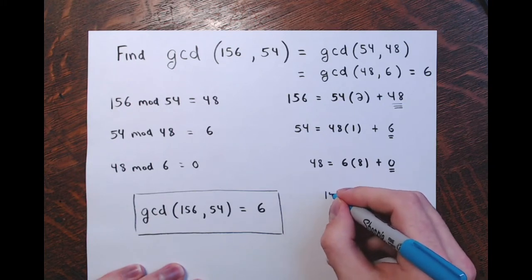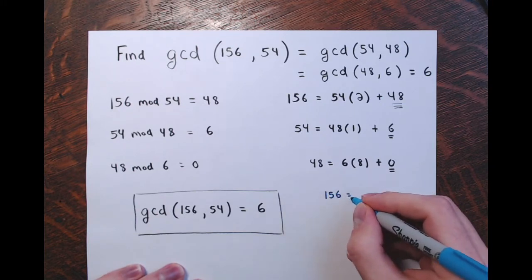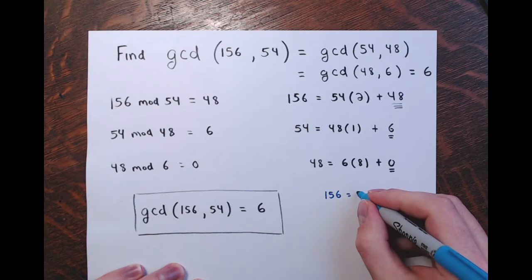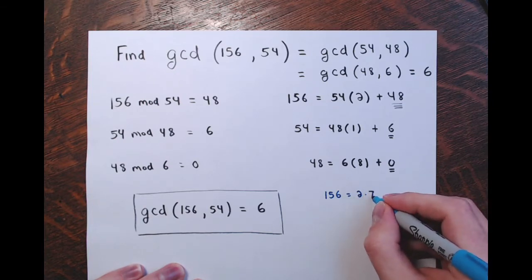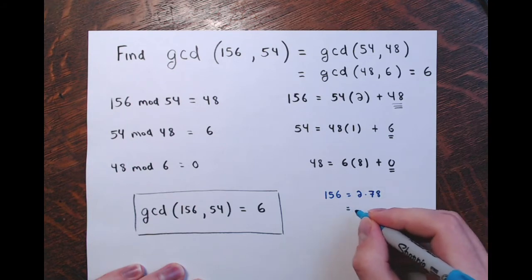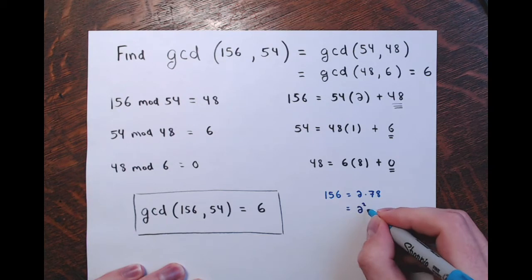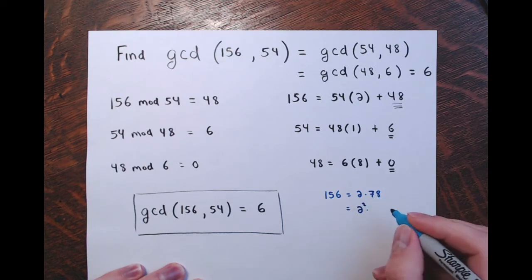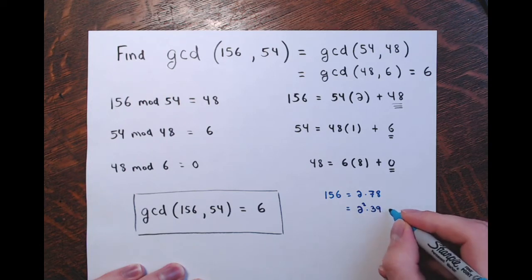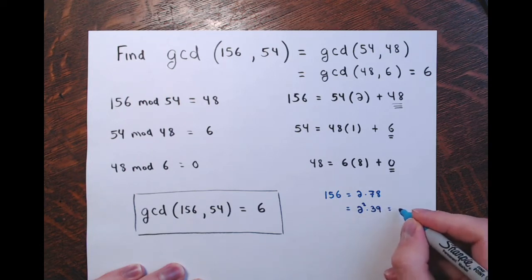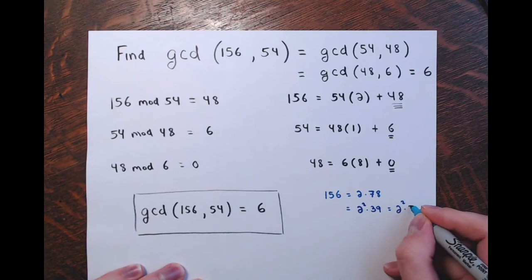So like 156, this is 2 times 78, and 78 also has a factor of 2, so 2 squared times 39, and 39 is 3 times 13, so we have 2 squared times 3 times 13.